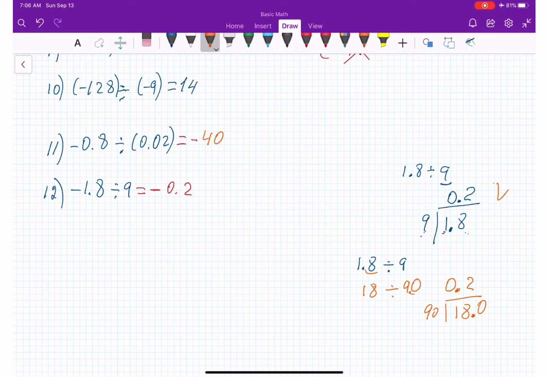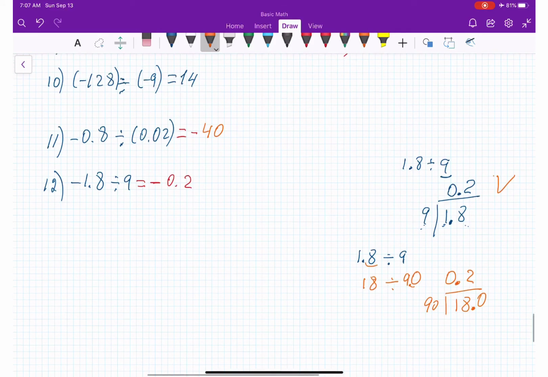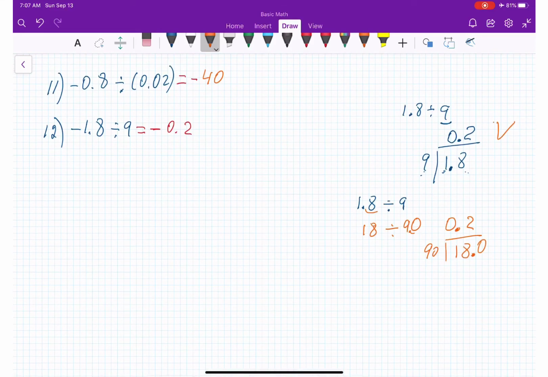I like this better because it's a more proper way, I would say. But you can use either method because either one will bring you to the correct answer. Next one.